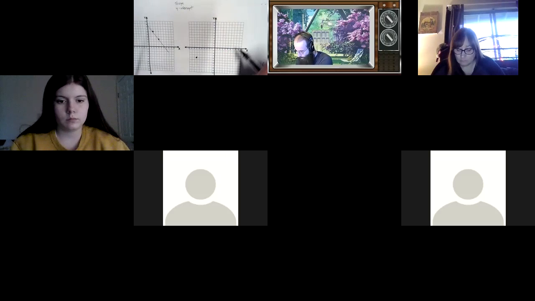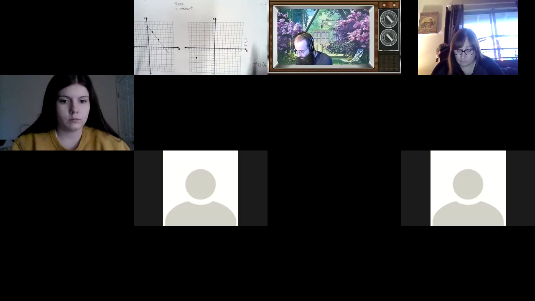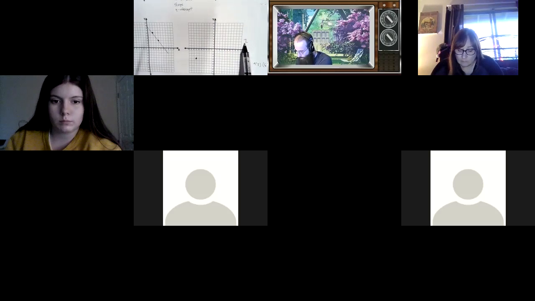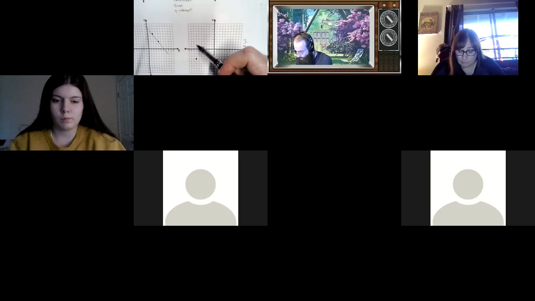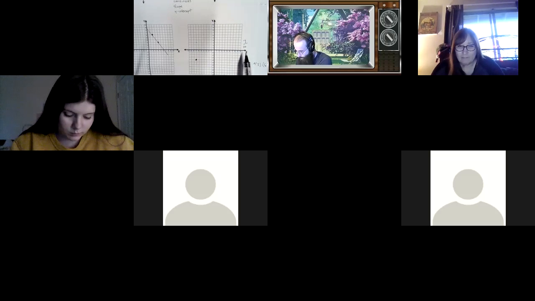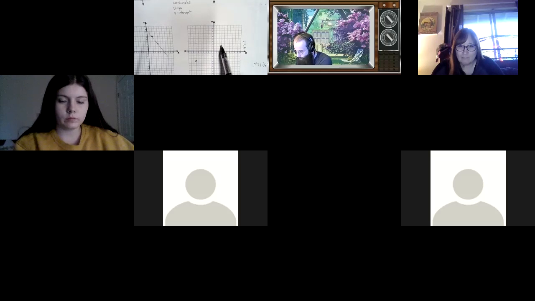Now our slope is 7 over 10, and they're both positive, so we're going to go up and to the right. We're going to start with the rise. That's 7. We're going to go up 7 spaces: 1, 2, 3, 4, 5, 6, 7. And then we're going to go to the right 10 spaces: 1, 2, 3, 4, 5, 6, 7, 8, 9, 10.